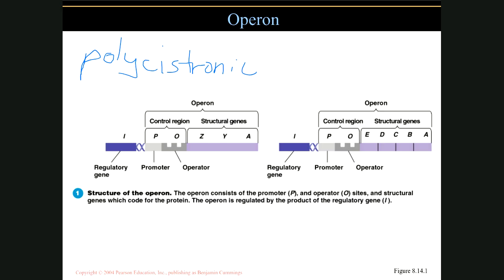So when it's translated, multiple enzymes will be made. But eukaryotes normally just have one promoter, one gene. So that's monocistronic. So that's another important difference between prokaryotic and eukaryotic DNA.